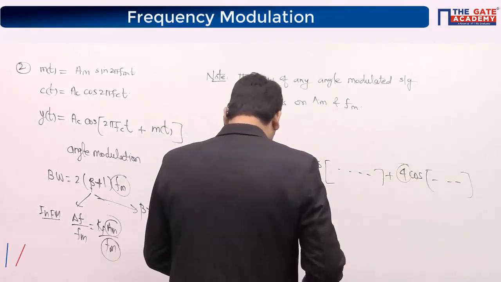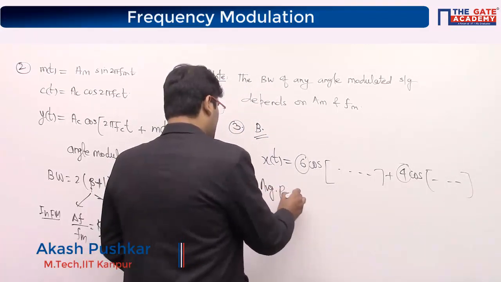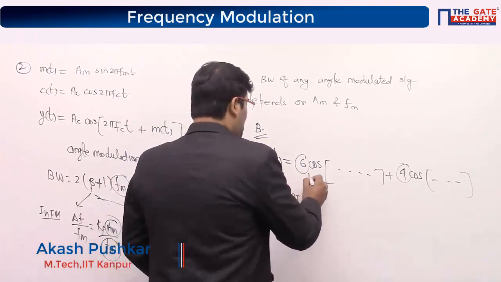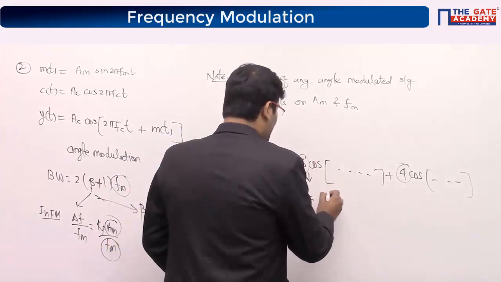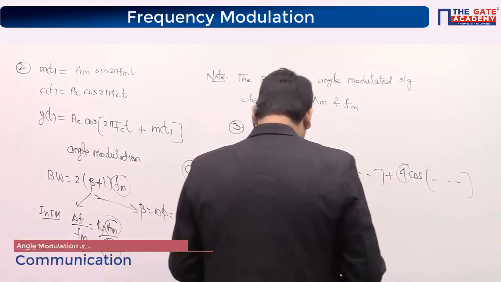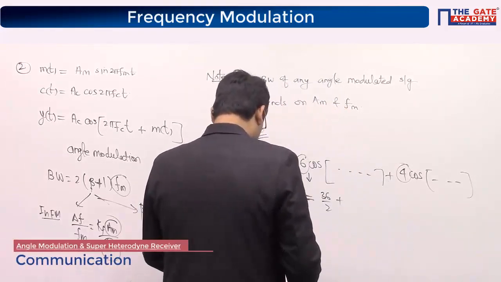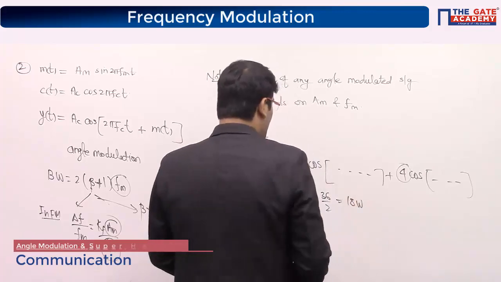So what is the average power? The power because of this will be AC square by 2, so 36 by 2 plus 36 by 2, equal to 18 watts.